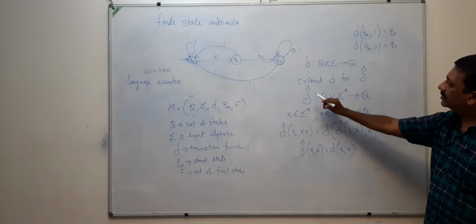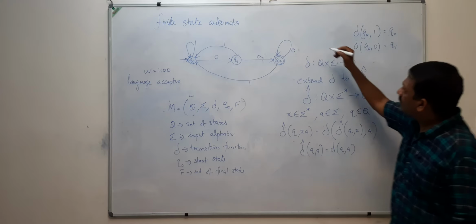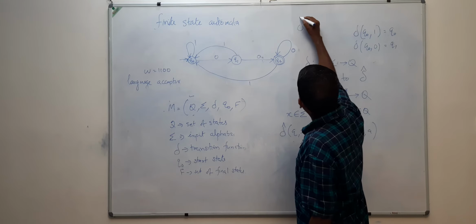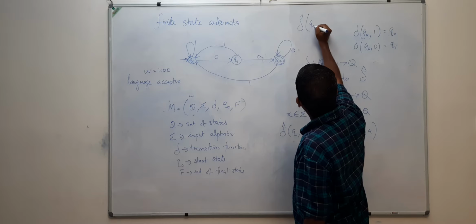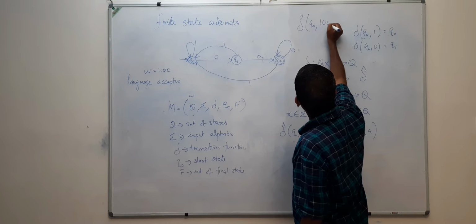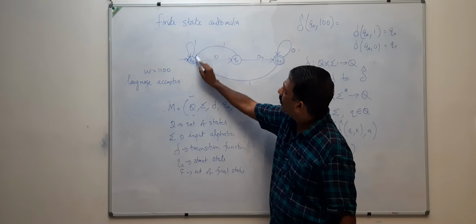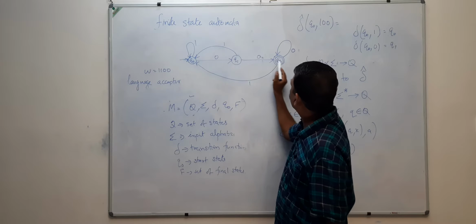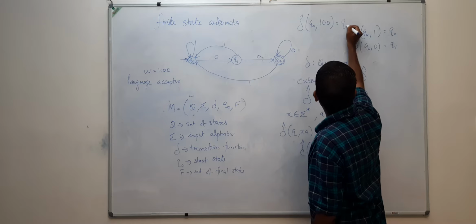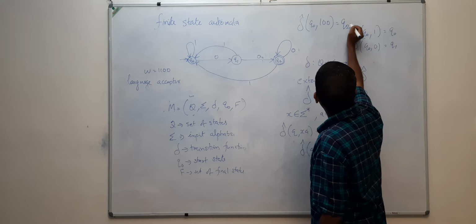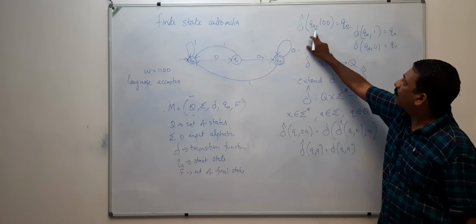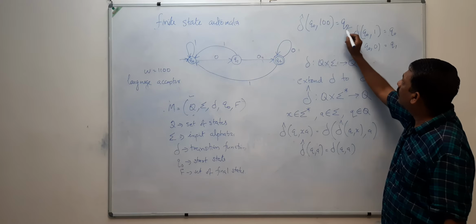Now we have a new notation, delta cap, in which you can have Q0 upon receiving 100. What will happen? Delta cap of Q0 upon receiving 100 is Q2.